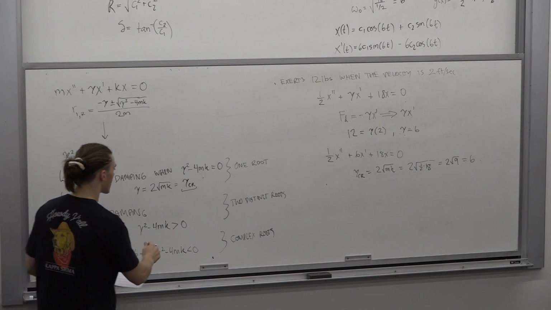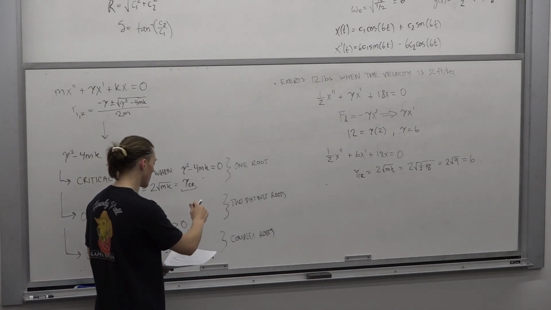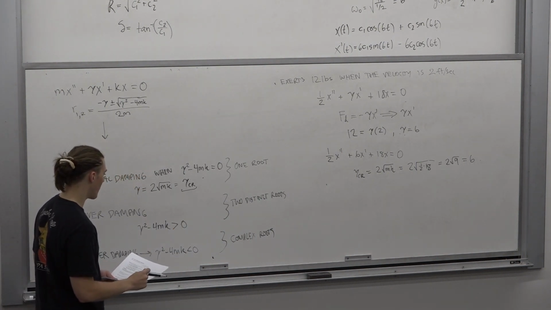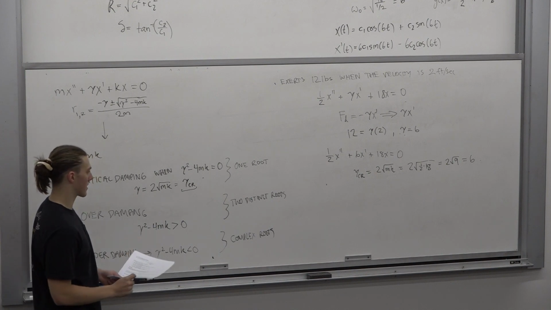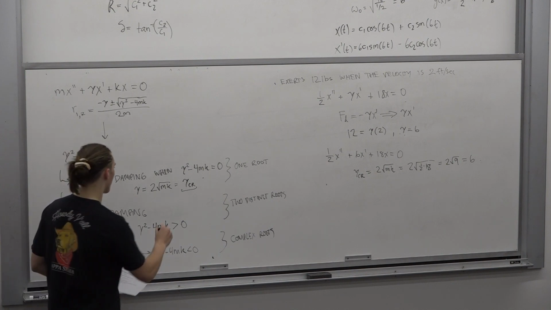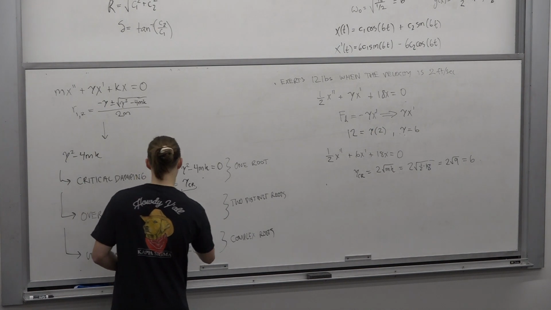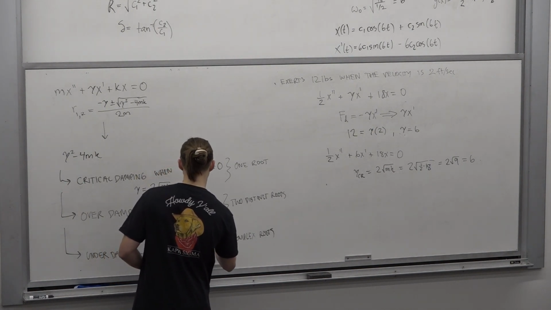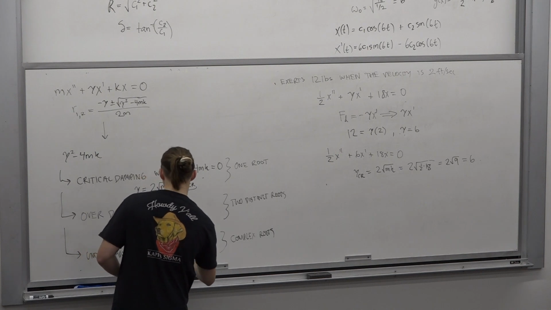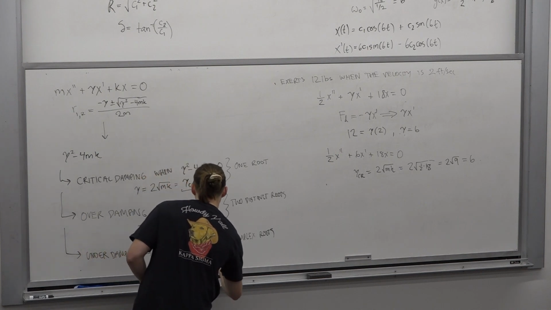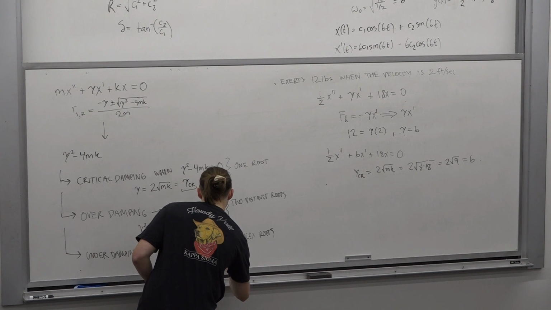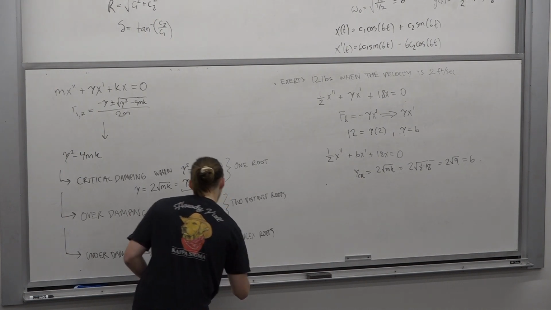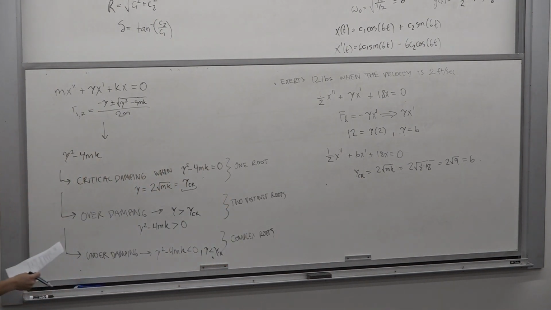If it's under the critical damping coefficient, it's an underdamping system. So overdamping happens at gamma greater than gamma critical, and underdamping happens at gamma less than gamma critical.